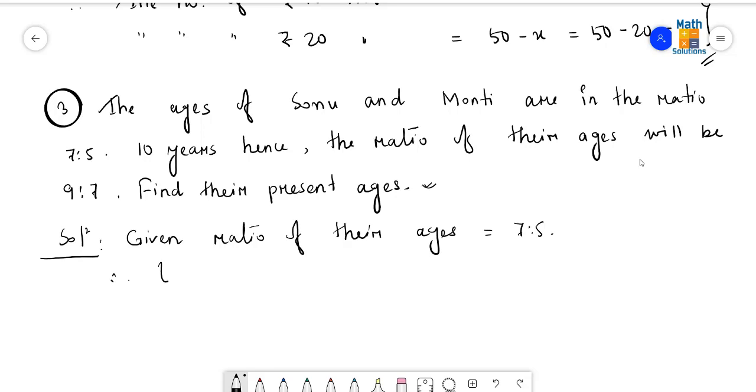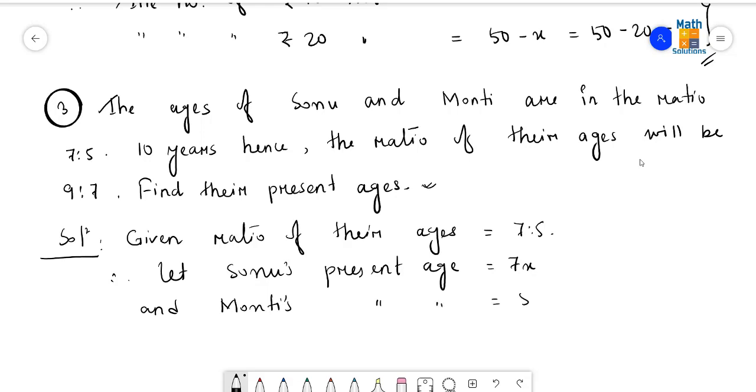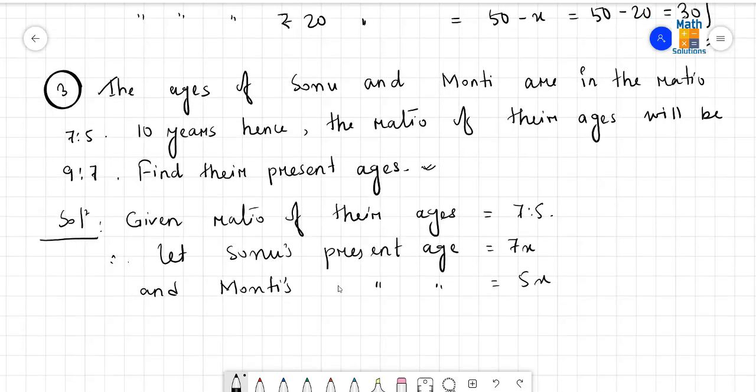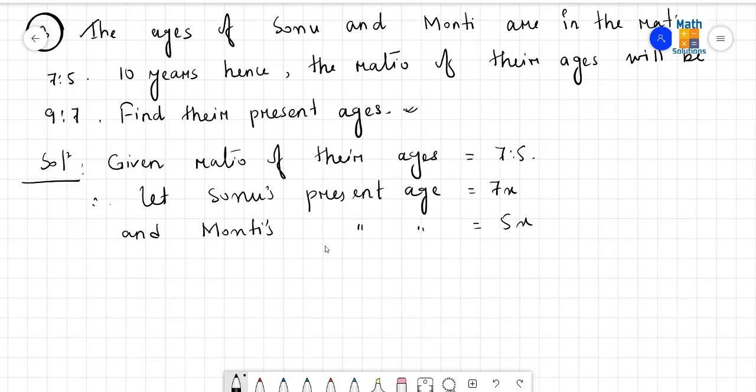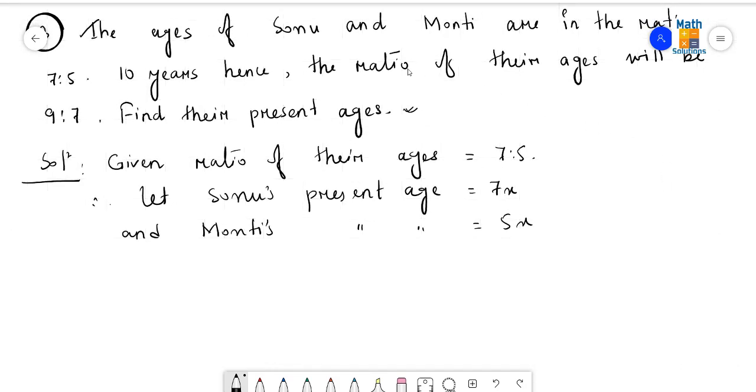Therefore, let Sonu's present age, of course we have to consider in the way 7x, and Monty's present age is equal to 5x. Now after this, what is to be written? 10 years hence. 10 years hence means after 10 years. After 10 years their ages will be what? Let us find out that first.